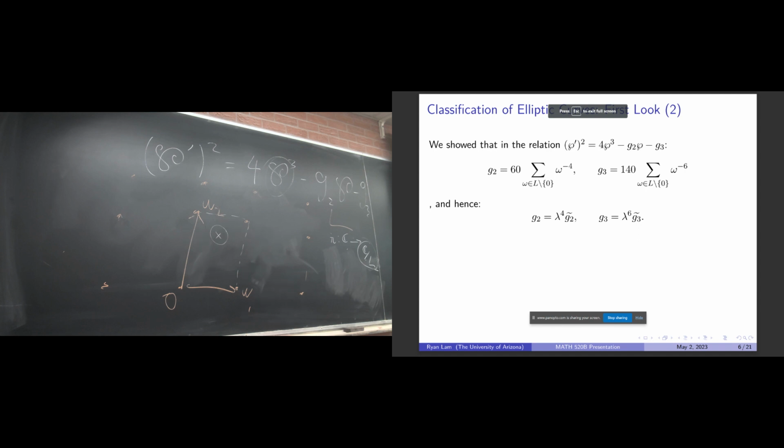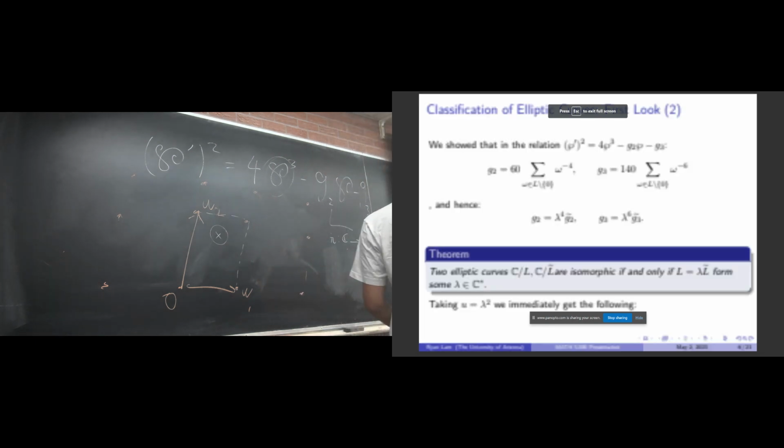the following expression. So what we are going to do is change the lattice by a scaling. And obviously, the reason is that we have a theorem that says that two elliptic curves are isomorphic if and only if the lattices are scalings of each other. And if we just change L to lambda L, in this case, G2 will be scaled by lambda to the power 4, and G3 will be scaled by lambda to the power 6.